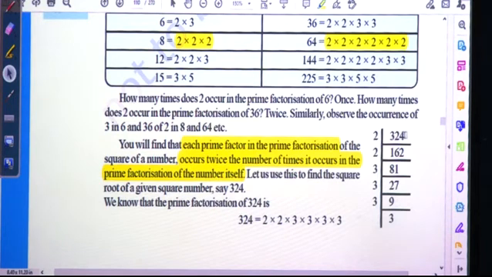Yes, we can divide 324 by 2. 2 1s are 2, 1 is remaining, 2 6s are 12, and 2 2s are 4. Again by 2 we can divide 162, 2 8s are 16, 2 1s are 2. Further we cannot divide by 2.